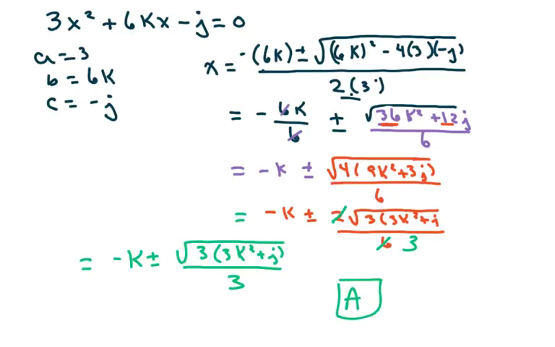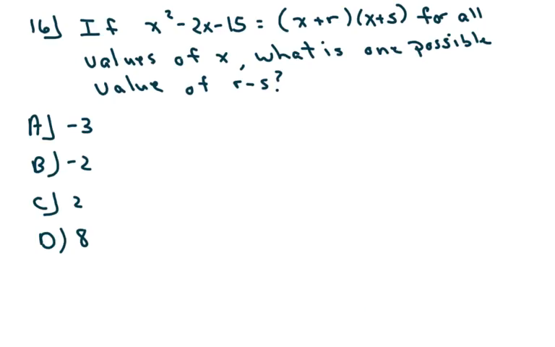Okay, the next one is this. We have this quadratic equation, and it factors this way with the r and s for all possible values of x. So what's the possible value of r minus s? We always want to manipulate one side to look like the other.